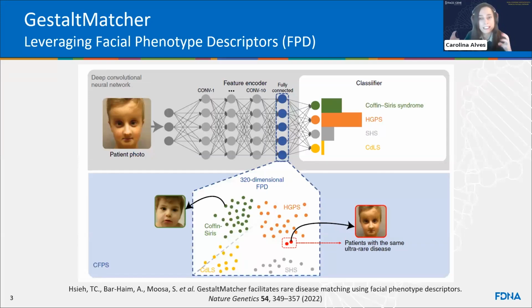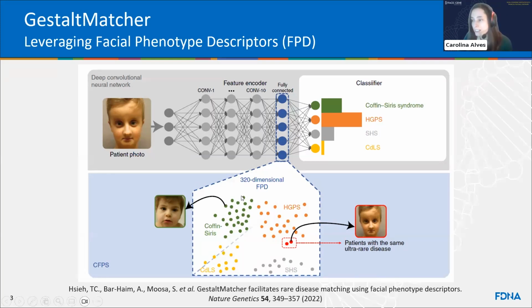Now, if we condense these high dimensional vectors into just two values, 2 dimensions, we are then able to represent each face in a 2D scatter plot like you see here, where each data point represents a patient's photo. Now, the smaller the distances between these data points, the more similar their facial phenotypic features are.